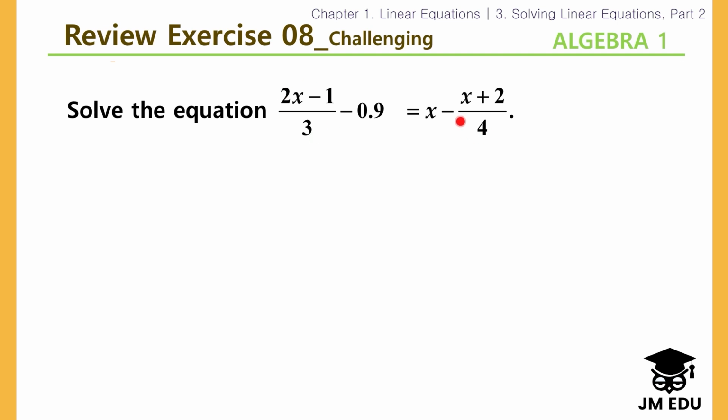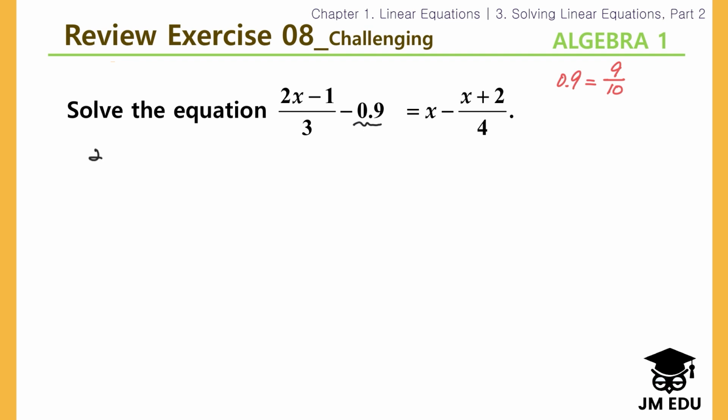Changing fraction to decimal is not a good idea. Okay, 0.9 is actually equal to 9 over 10 in the fraction form, right? So we're gonna change this 0.9 to 9 over 10 and solve this equation.